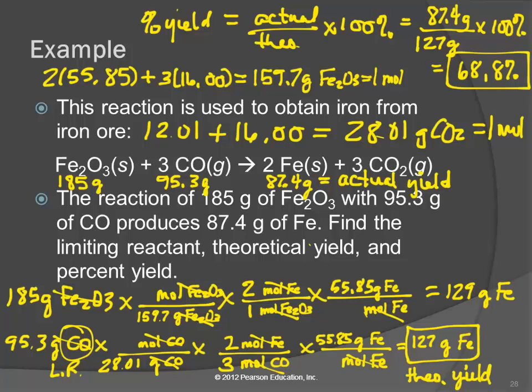So the theoretical limiting reactant is always the same? The limiting reactant is always the reactant that gives the theoretical yield. Yep. So you do these two calculations, you pick the smaller number, that's your theoretical yield, and then you look back and trace back to see what gave you that. That reactant is your limiting reactant.